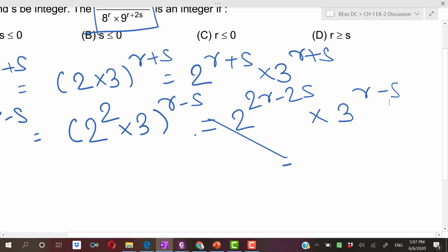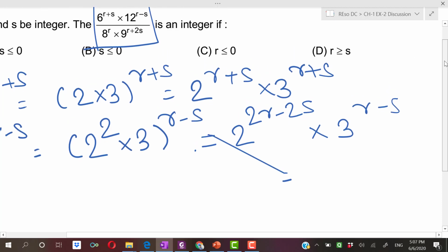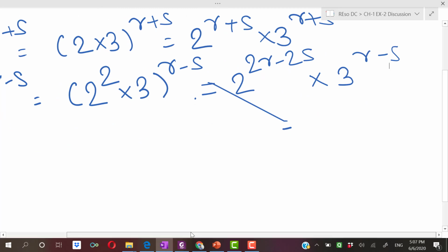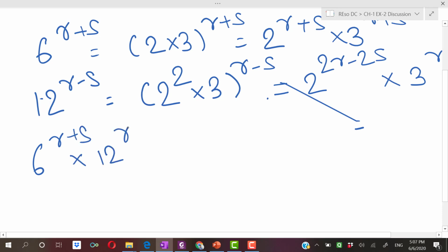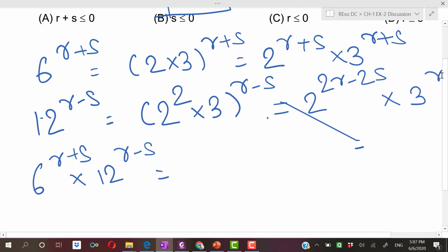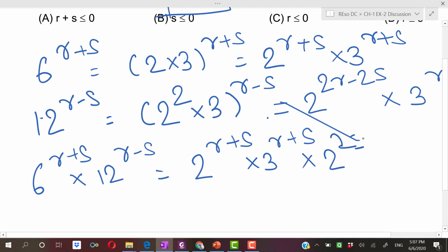Now my given expression, 6 raised to the power r plus s multiplied by 12 raised to the power r minus s, will be equal to 2 raised to the power r plus s into 3 raised to the power r plus s into 2 raised to the power 2r minus 2s into 3 raised to the power r minus s.